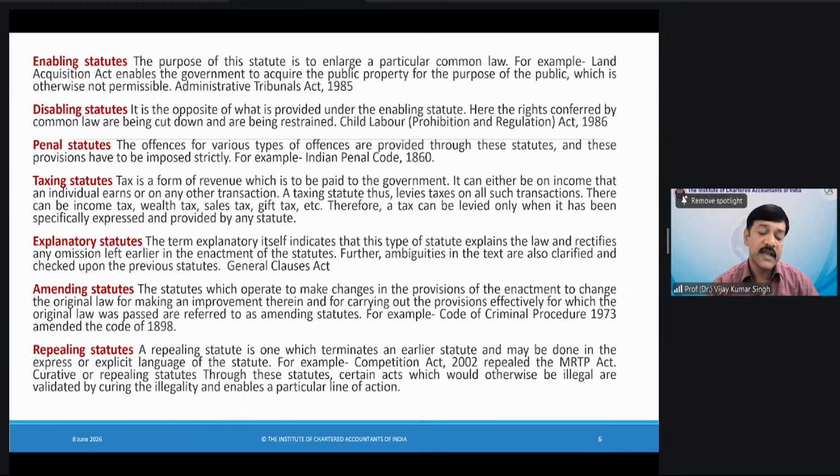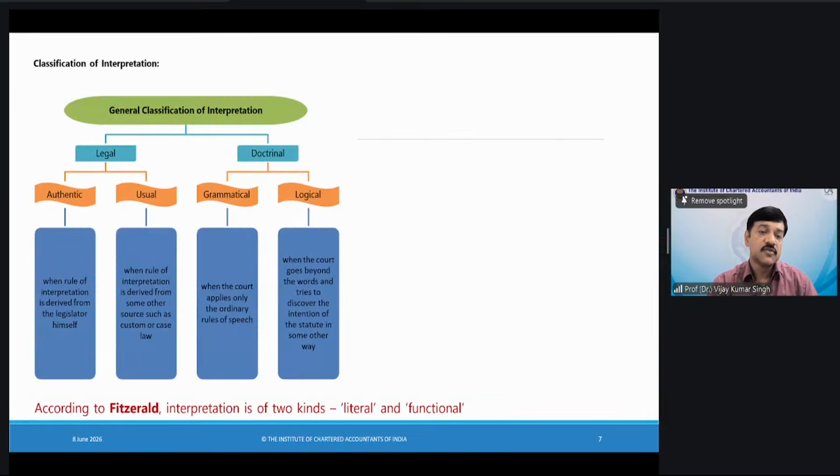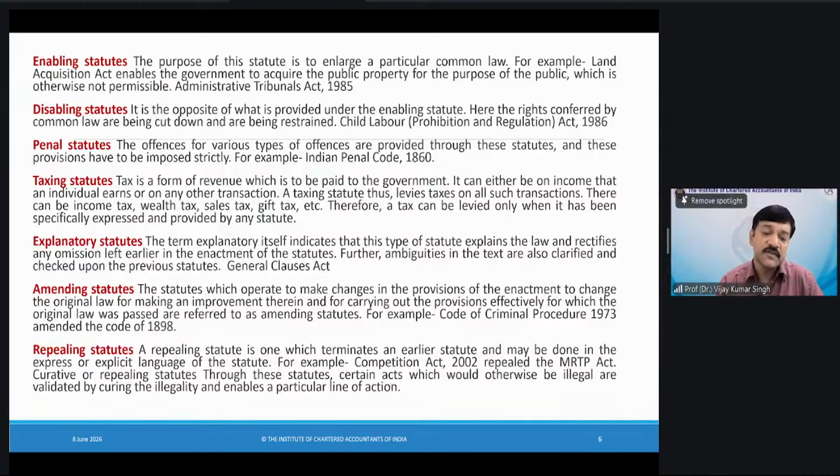As you would note, interpretation of these statutes would accordingly differ as per the nature of that particular statute. Before we move on to the next one, do you have any questions on this part?